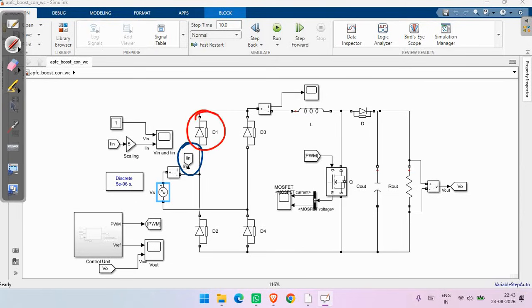Here these four diodes form a single phase full bridge rectifier. Its function is to convert the AC input voltage into pulsating DC voltage. If we use only a diode rectifier with a capacitor, the input current becomes highly distorted.